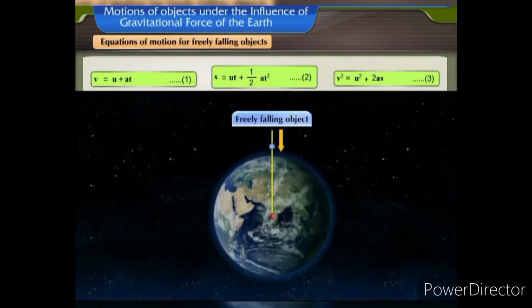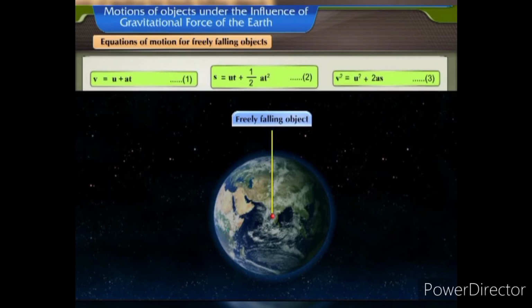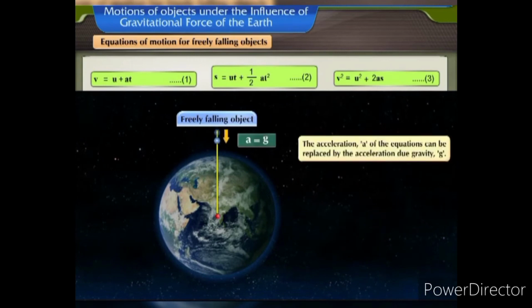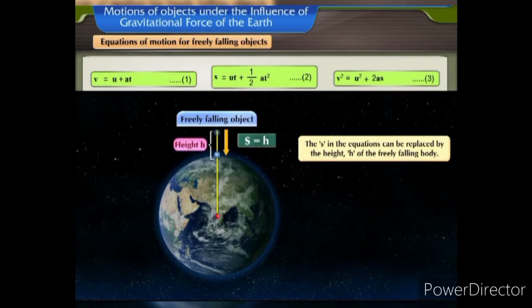Since freely falling objects fall with uniformly accelerated motion, these three equations of motion can be applied to freely falling objects. We can replace the acceleration a in the equations by the acceleration due to gravity g, which is constant near the earth. Also, since the vertical distance of the freely falling body is its height, s in the equations can be replaced by height h.